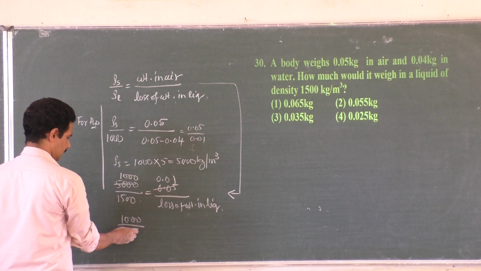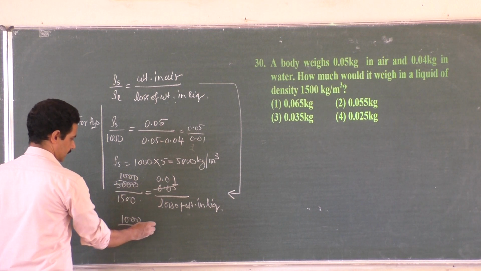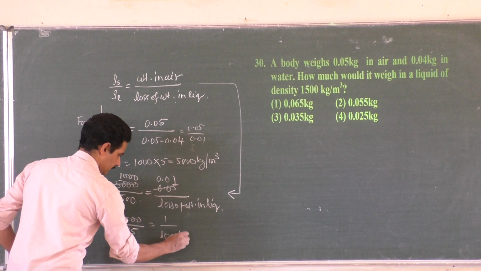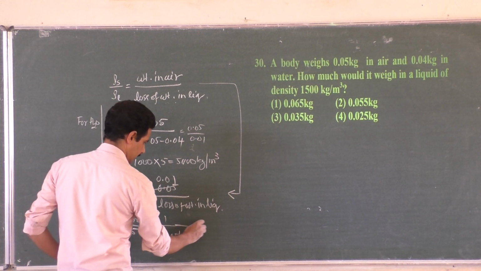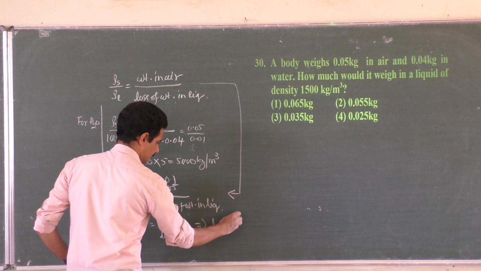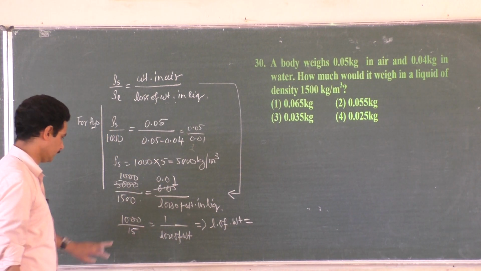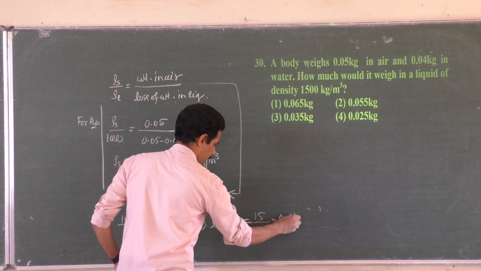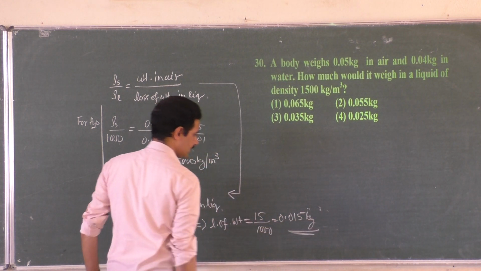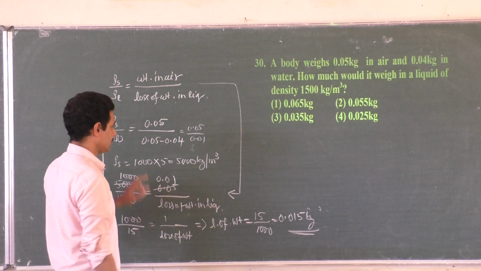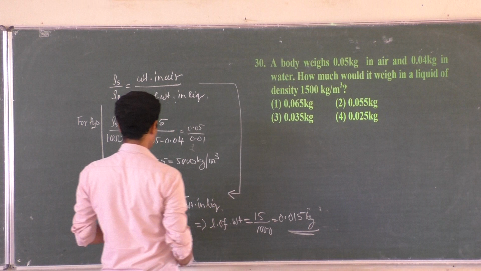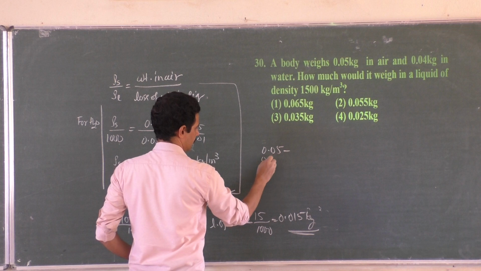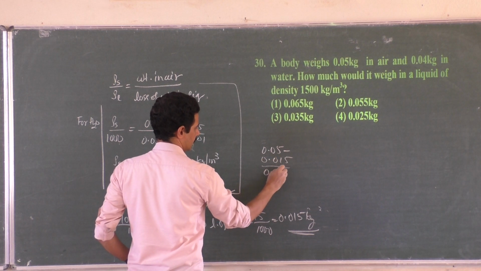This is 1 by loss of weight, so loss of weight is 15 by 1000, which is 0.015 kg. If it loses 0.015 kg in liquid, what is its weight in liquid? 0.05 minus 0.015 is 0.035.